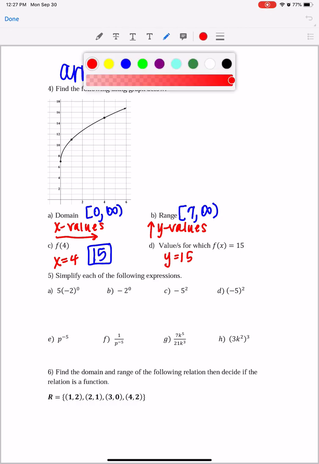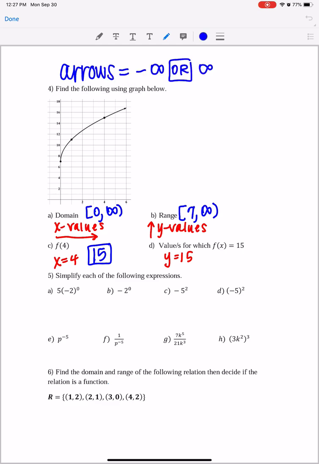So now go opposite. When your y is 15, I have nothing to the left, so I'm going to the right to meet this graph. Here's my point. When y is 15, what is my x that goes with it? X is 4.